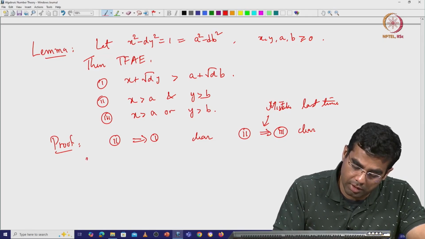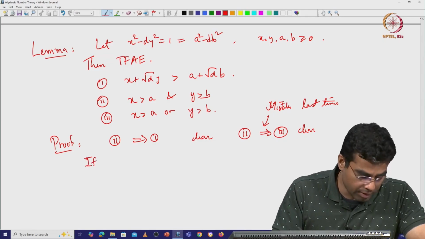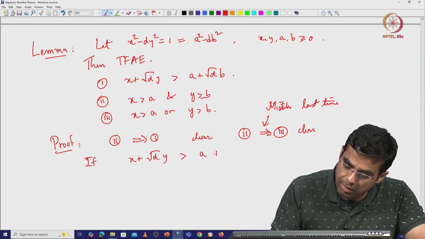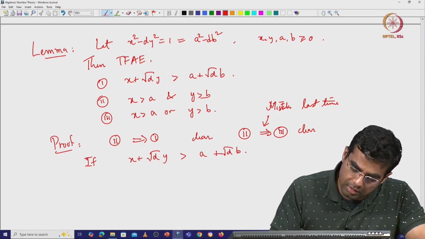Let us assume that x plus square root of d y is bigger than a plus square root of d b.